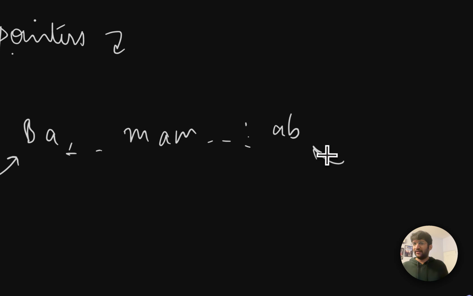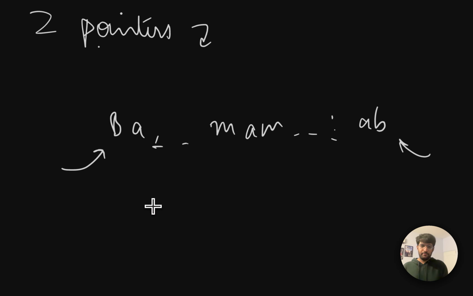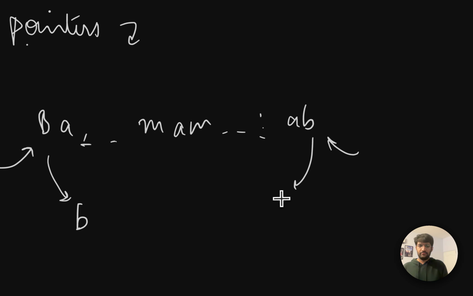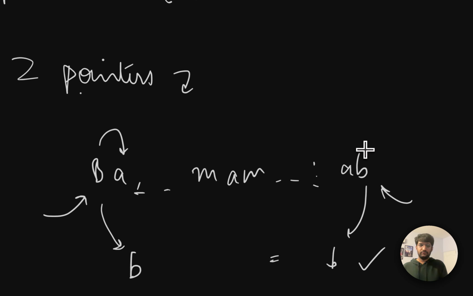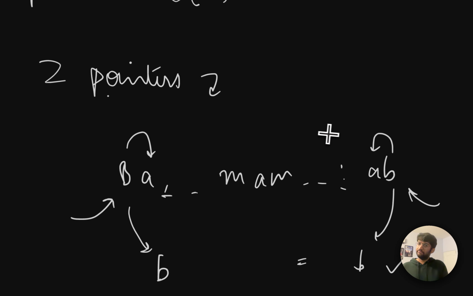If you compare left and right, B becomes a smaller b, compared with this b, they are equal. Good to go. Next, our next left becomes this one and this one. A and A, good to go.